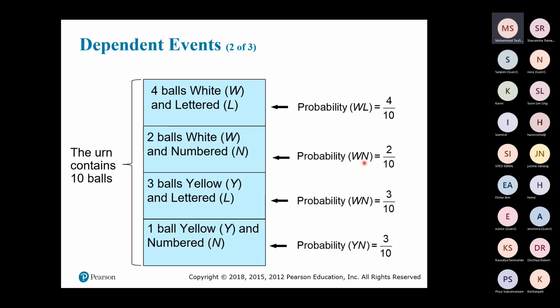The probability of getting a white numbered ball is 2 out of 10. The probability of getting a yellow and lettered ball is 3 out of 10, and the probability of getting a yellow and numbered ball is 1 out of 10. There are some mistakes here, so later I will correct this one.